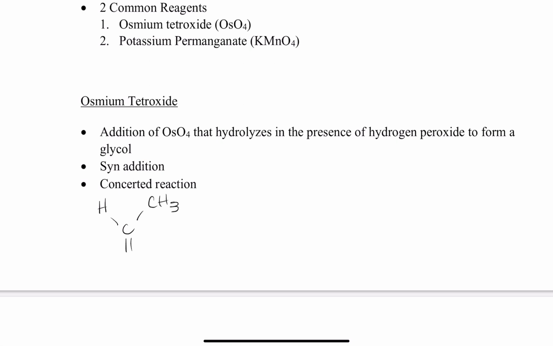So if we were to have this alkene, our osmium tetroxide has osmium in the center, and then it's surrounded by 4 oxygens, all in a neutral state. So it's going to add, our osmium is going to add to our alkene.